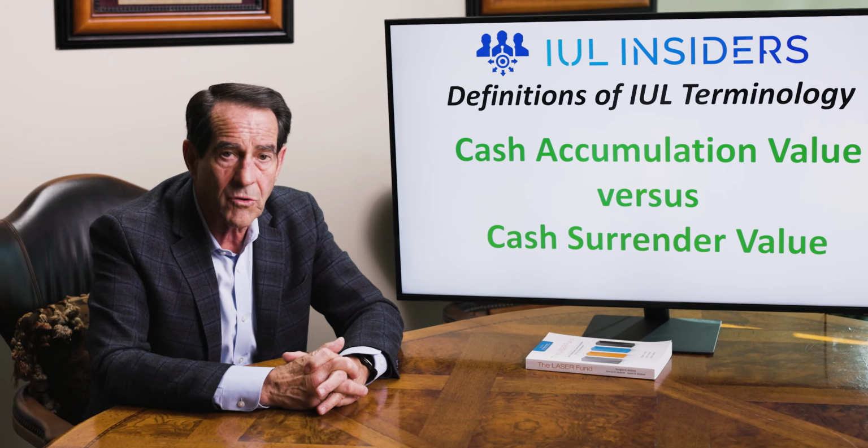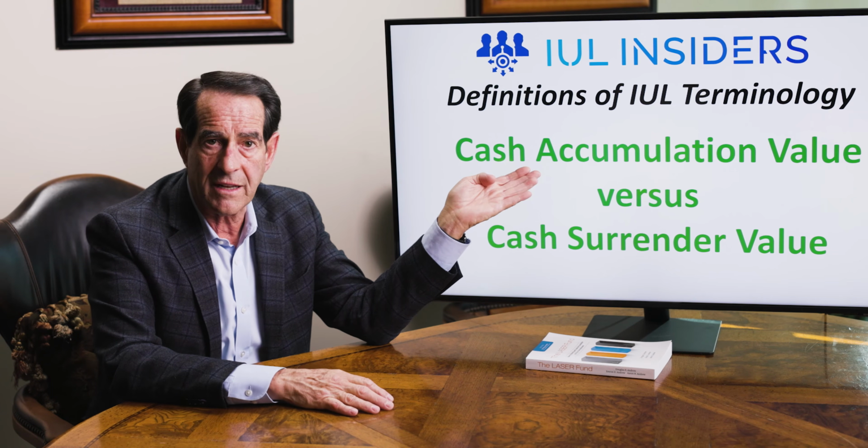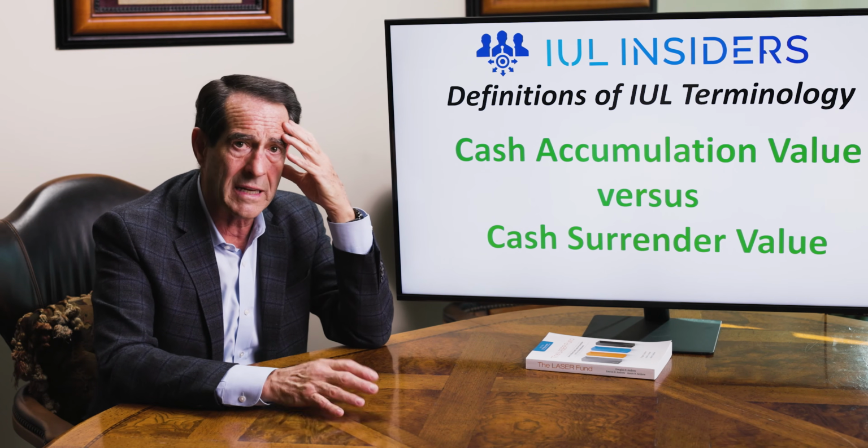And so generally speaking, that is usually assessed or amortized over the first few years of the insurance policy. So if you put in $100,000 and before you've even had any credits, maybe the accumulation value is $90,000, and you're going, oh, wow, I didn't make any money.